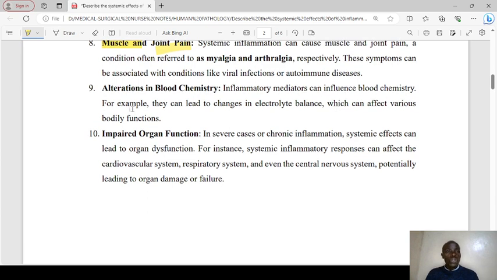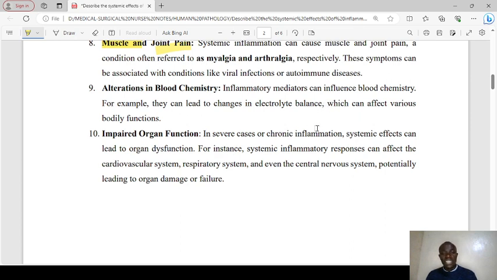Other systemic effects include alteration in blood chemistry and impaired organ function. So you find that inflammatory mediators can influence blood chemistry. For example, they can lead to changes in electrolyte balance, which can affect various bodily functions.